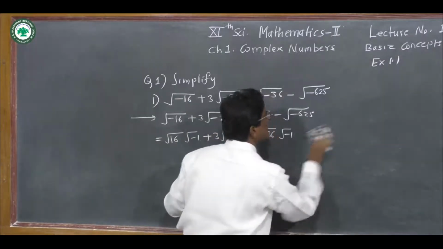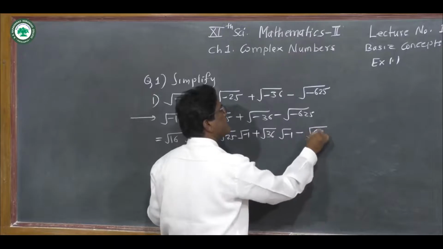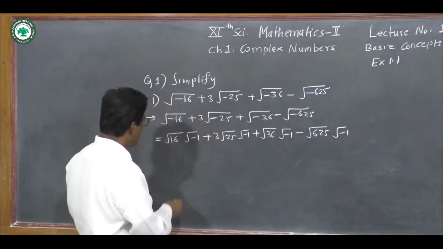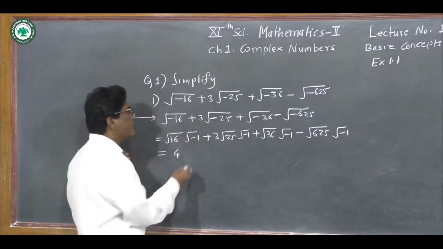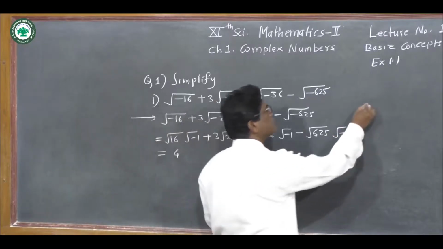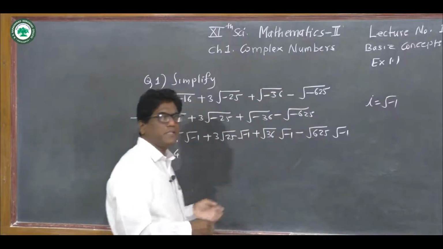And lastly, minus root of 625 into root of minus 1. Now we know that root of 16 is 4, and we assume this root of minus 1 as i. We know that i is equal to under root of minus 1, that is the imaginary unit.